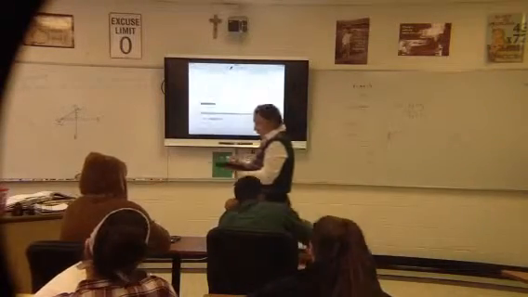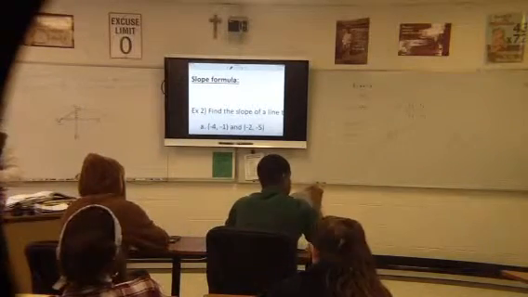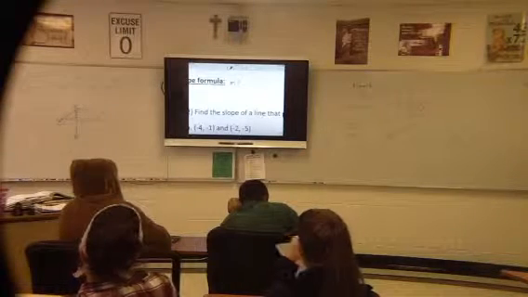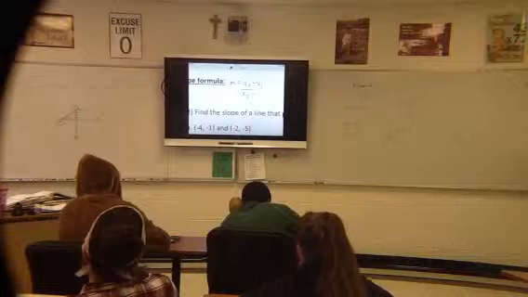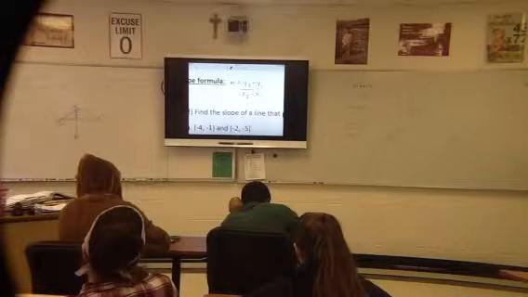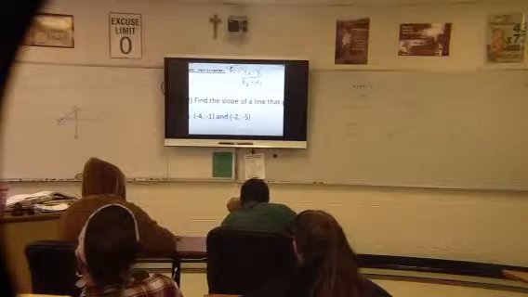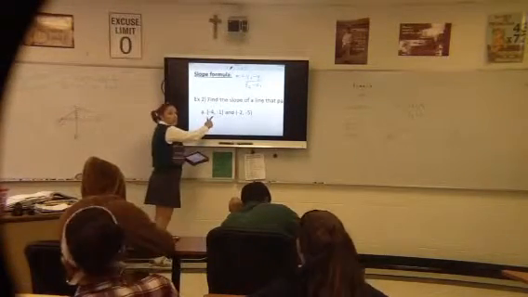Okay? Slope formula, we already have that up on the board. So let's go ahead and write that in. Slope, it means m, equals y2 minus y1 over x2 minus x1. Okay? So now, when it says find the slope given these points, you are just going to go through and label.